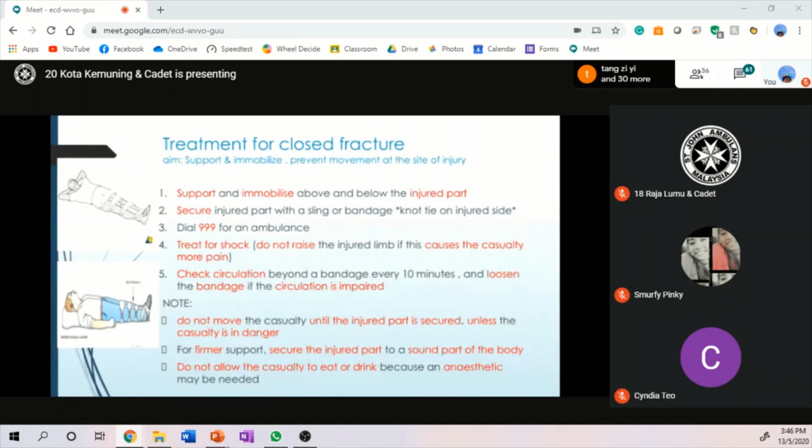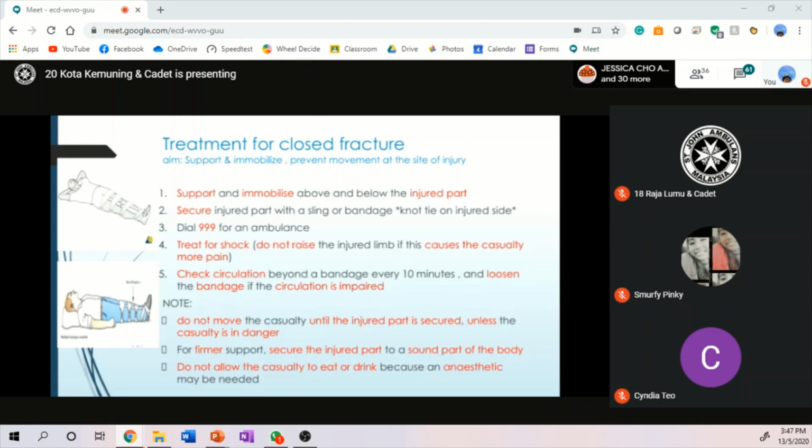Of course, you need to call for an ambulance at 999, and treat for shock. Here is something different: do not raise the injured limb, because the bone is already broken, and if you raise it, it will cause the casualty more pain, and the casualty will scream.